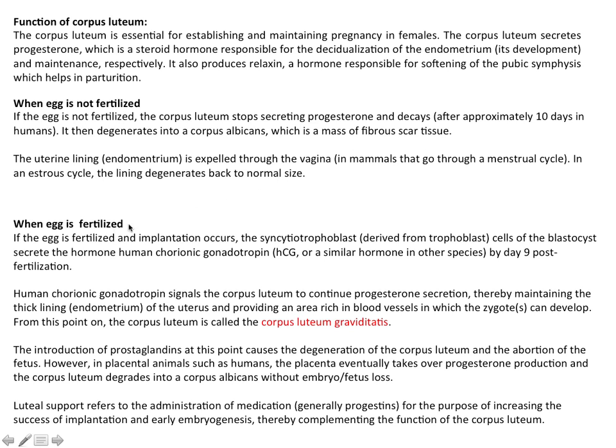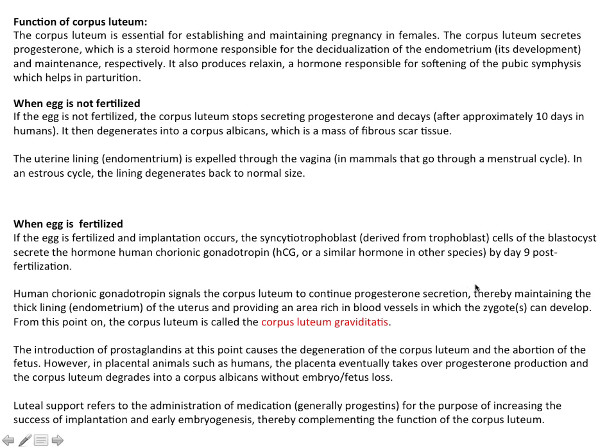However, when the egg is fertilized, this fertilized egg or embryo or blastocyst starts secretion of HCG, that is human chorionic gonadotropin hormone, and this HCG hormone gives a signal to the corpus luteum to continue progesterone secretion.